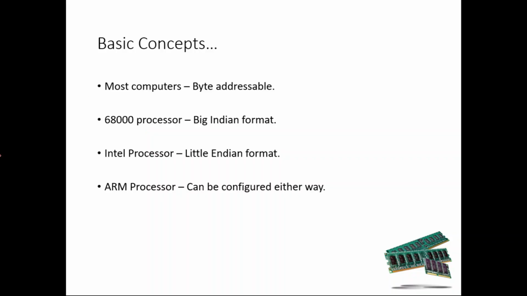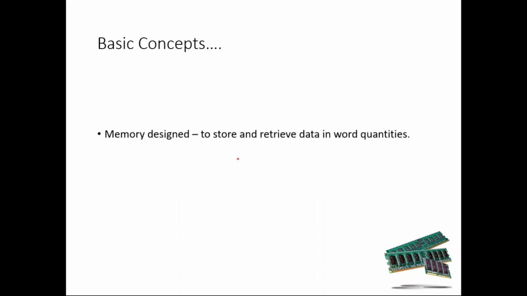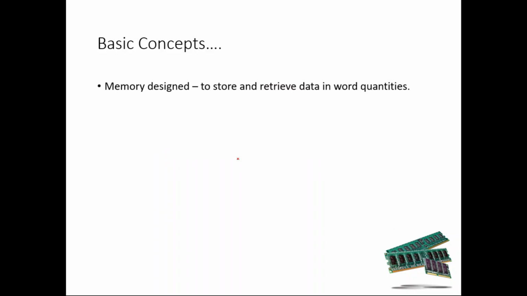Whereas the Intel processor follows little endian format. There is a processor called the ARM processor, advanced RISC. It can be configured either way: either to follow little endian format or to follow big endian format. It supports both, right? Okay.